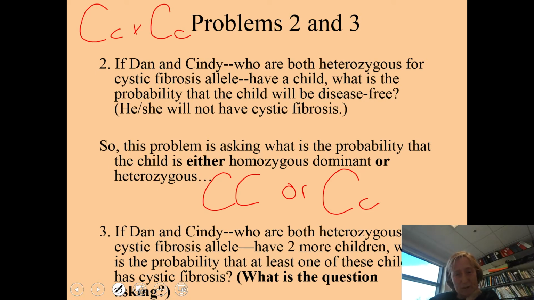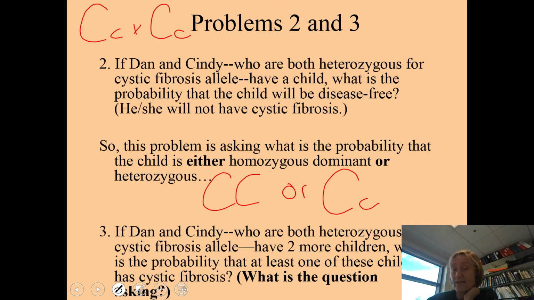When I see this problem, I immediately start thinking, how many ways can we have this situation? So they have 2 children. What is the probability that at least one of these children has cystic fibrosis? So it looks like that language includes a situation in which they both have cystic fibrosis. You could have a situation in which your first child has cystic fibrosis, but your second doesn't.